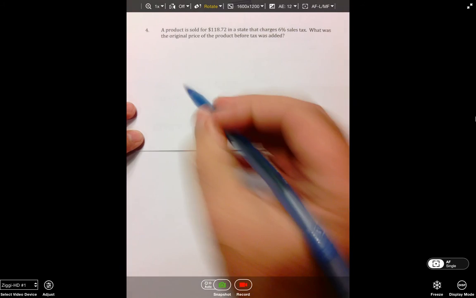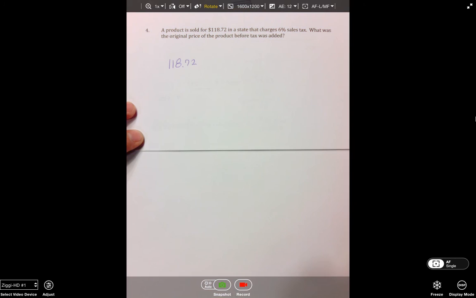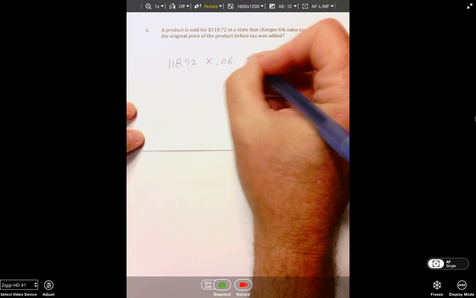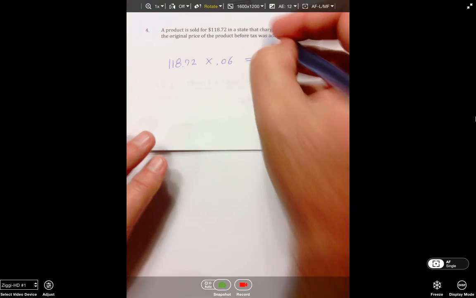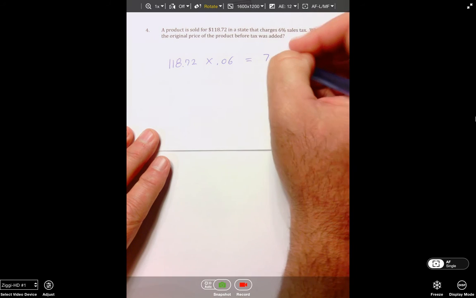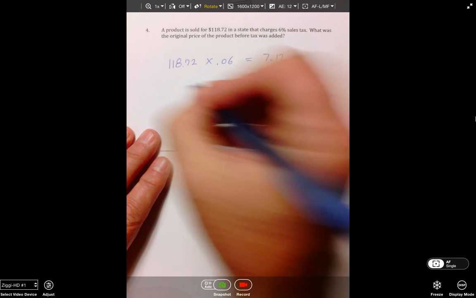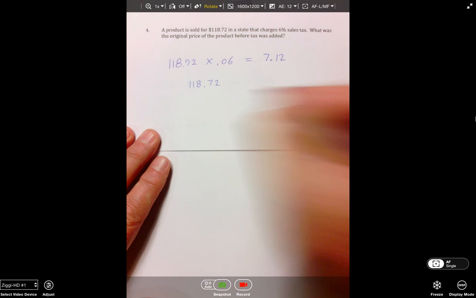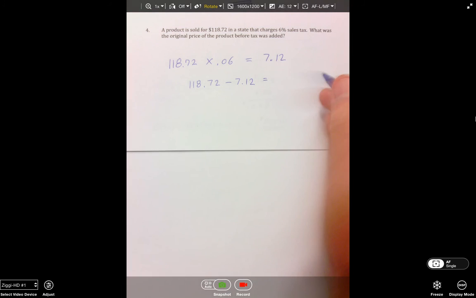Well, everybody knows that all you'd have to do is take 118.72 times 0.06 and get $7.12, which turns out to be the tax. Then everybody knows that we would take 118.72 and subtract 7.12, which is the tax, and get back to the original amount.